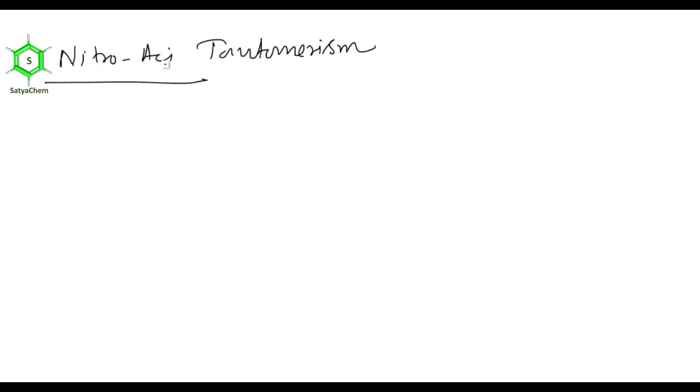Clear? Now I am going to give you another example. Now this is not keto-enol tautomerism. It is something different. It is tautomerism, but it is nitro acid tautomerism. Nitro acid tautomerism. What is this?